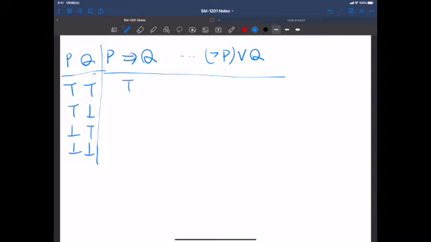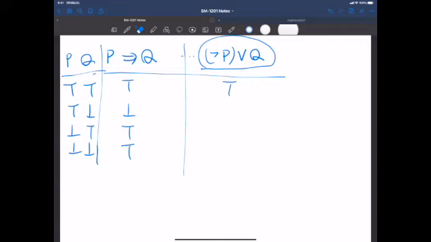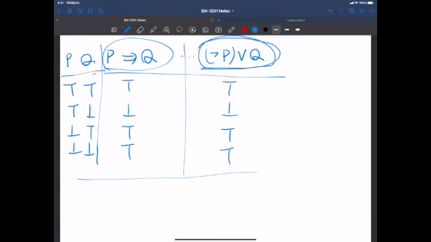This case is true and false, true, true. And if you try to derive the truth values of this, you will find it's the same as P implies Q. You should check this. Okay, this is an exercise. Therefore, this is just a shorthand notation for this proposition.